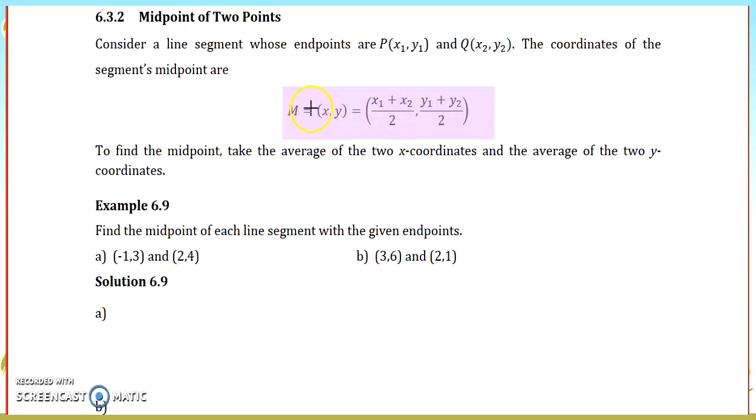M, the midpoint, equals the sum of the x components divided by 2, which represents the x coordinate, and the sum of the y components divided by 2, which represents the y coordinate of point M. To find the midpoint, take the average of the two x coordinates and the average of the two y coordinates.